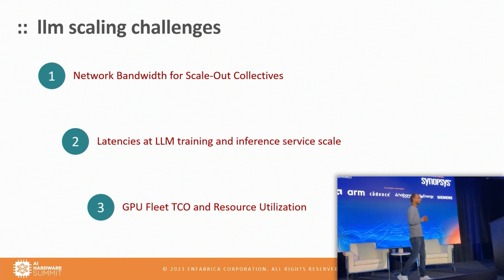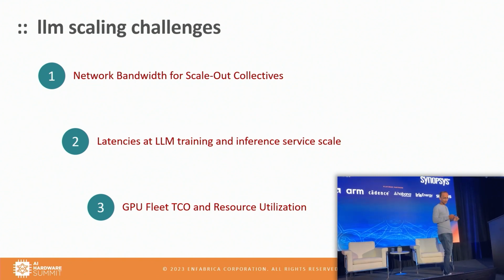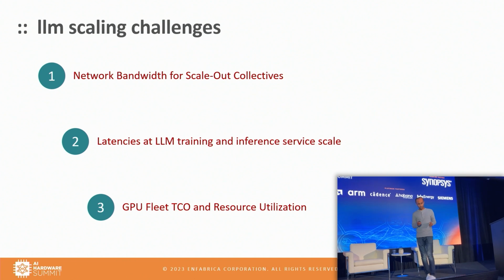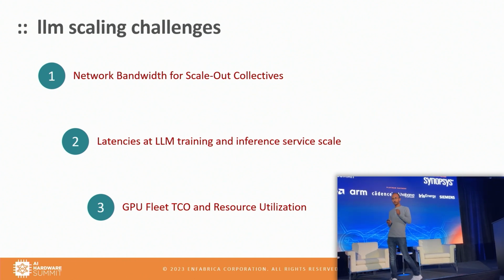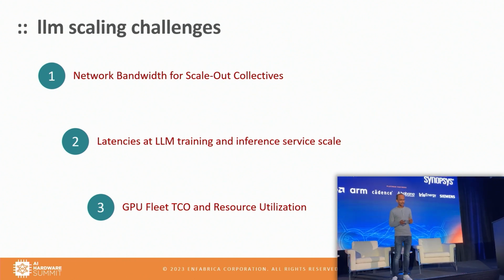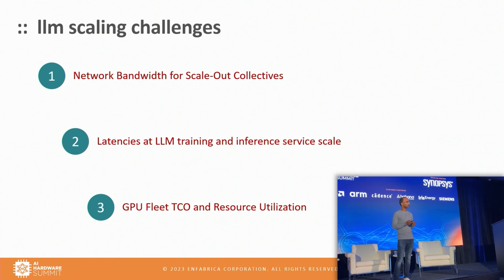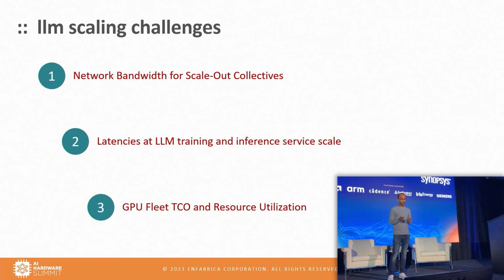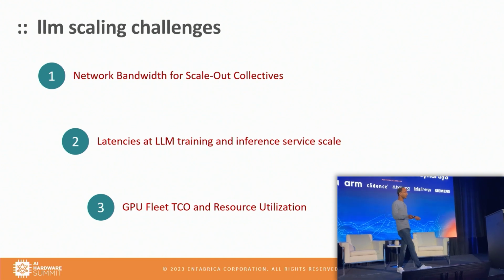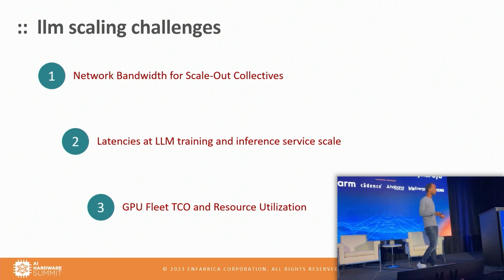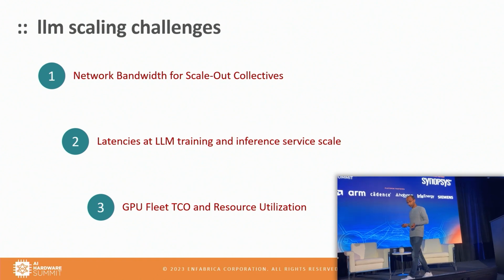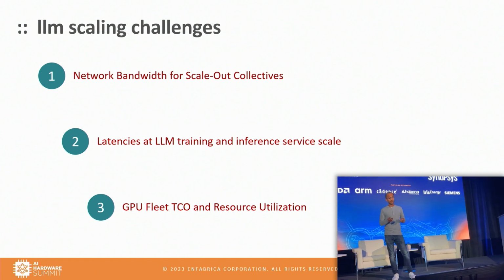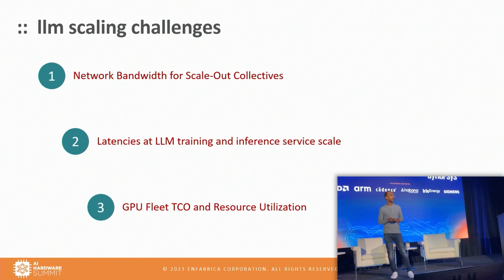How much does it cost to operate a service at scale with a fleet of GPUs that are used for training and inference of these LLMs? And how utilized are those resources? Those fundamentally factor into the TCO equation of whether business models can actually work using what's being set up as the parameters today of an LLM business model.